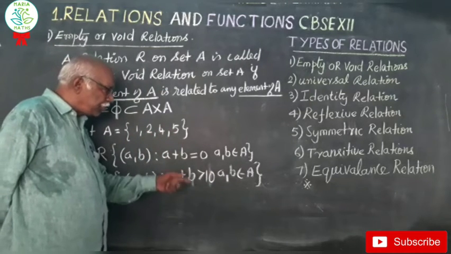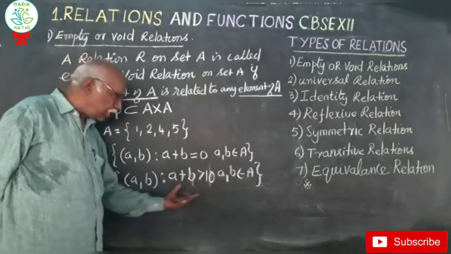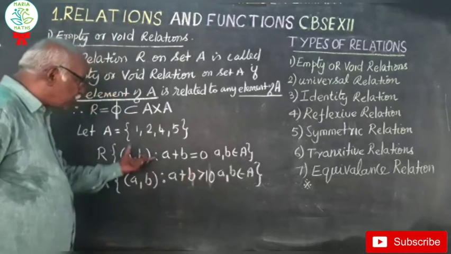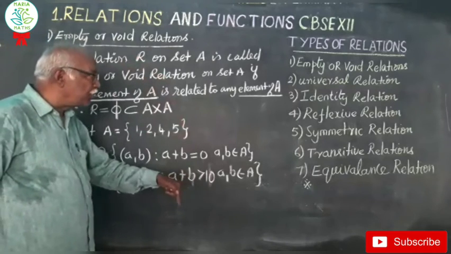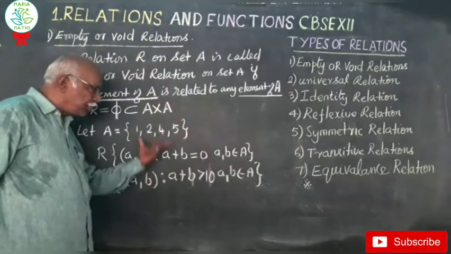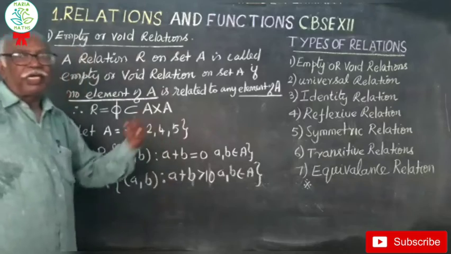The maximum sum is 10, but our condition asks for a plus b greater than 10. So no element of A is related to any element of A. Therefore, this is called an empty relation.